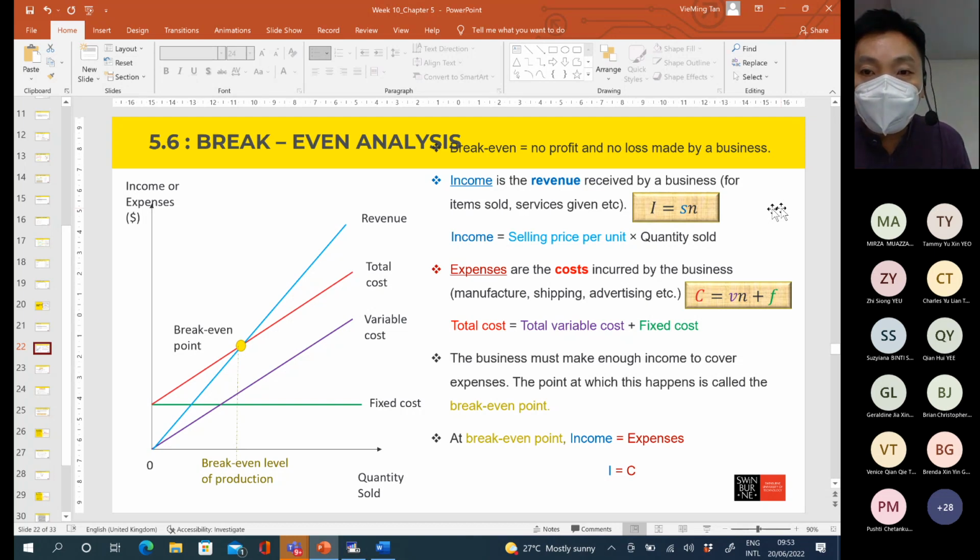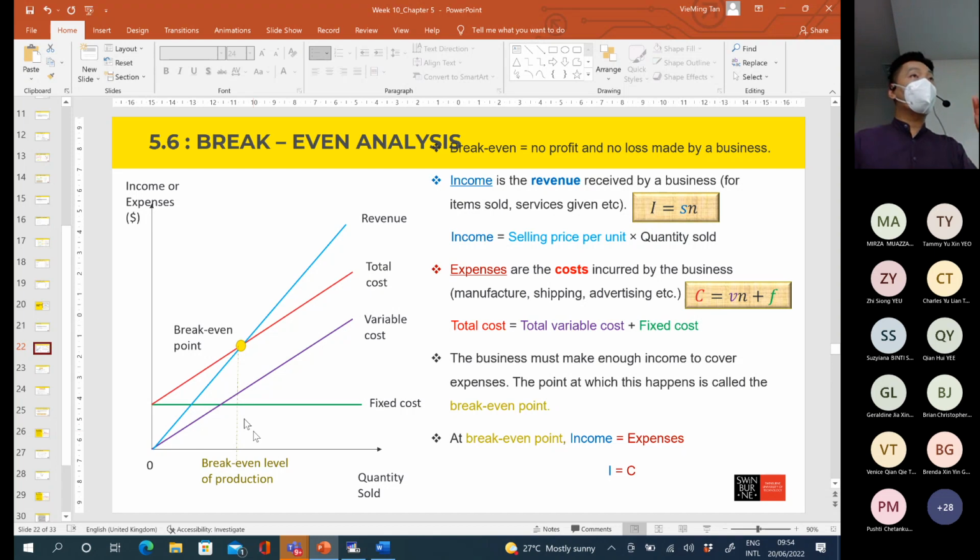Some other examples would be the salary of the manager, which is also considered a fixed cost. If I draw the graph, you may find that the fixed cost is a horizontal line. That means the cost will always be the same, no matter how many units of production are sold.